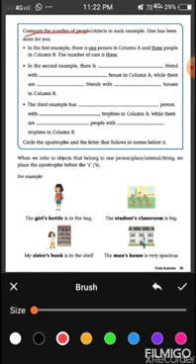In the first example, there is one person in column A and 3 people in column B. The number of cars is 3.